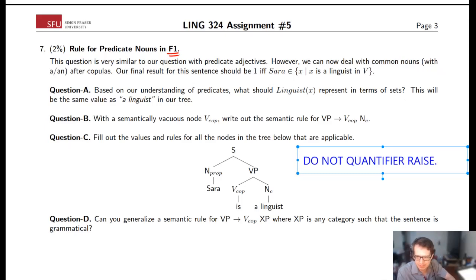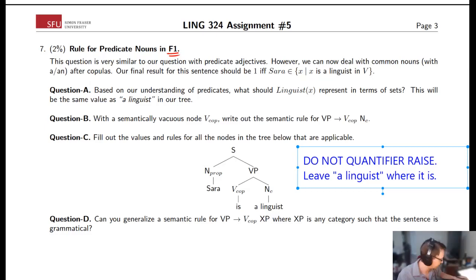Leave a linguist where it is. If you move it, it's not going to work, and it's going to overcomplicate things. I guess this is sort of the unfortunate side of having this assignment after we talk about F2. But yeah, very similar to the question before.